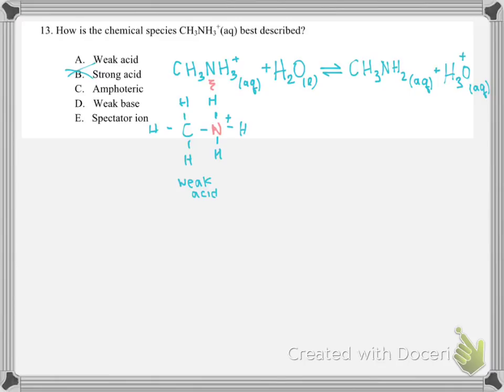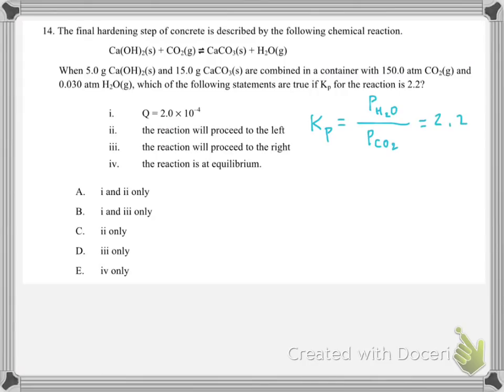Okay. And so then this neutral amine compound would be the conjugate base of our original species. Okay, so the answer is just A.